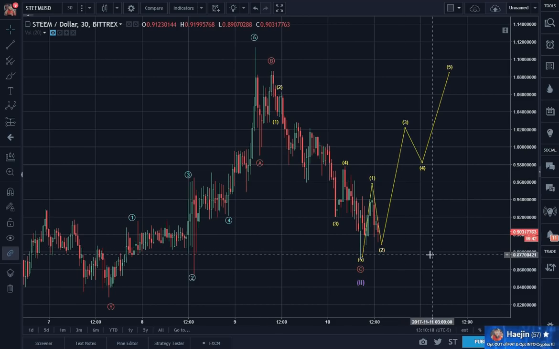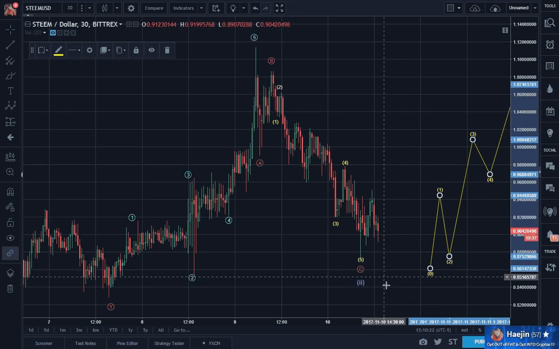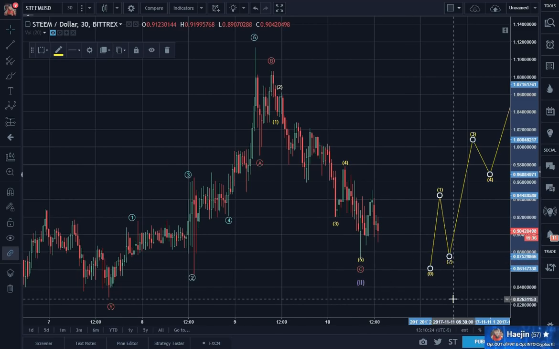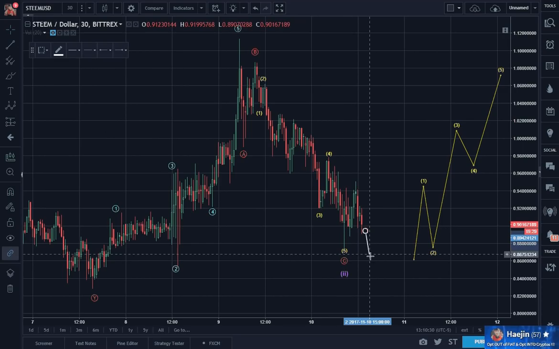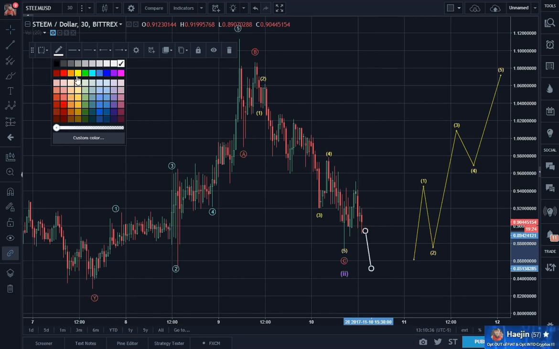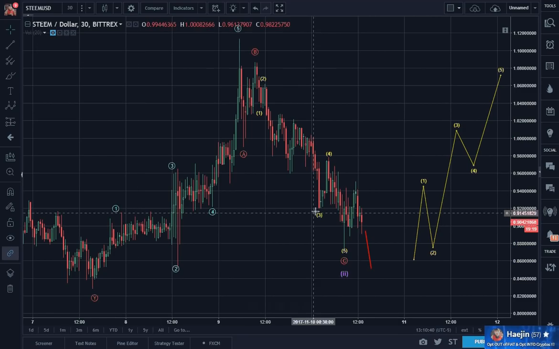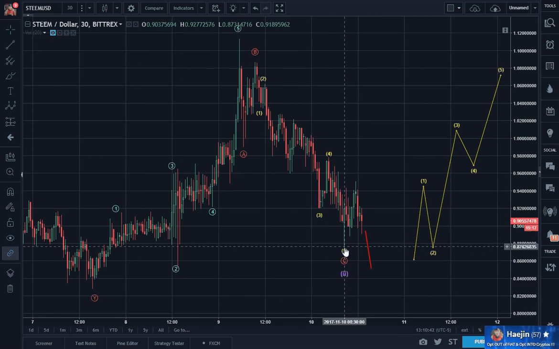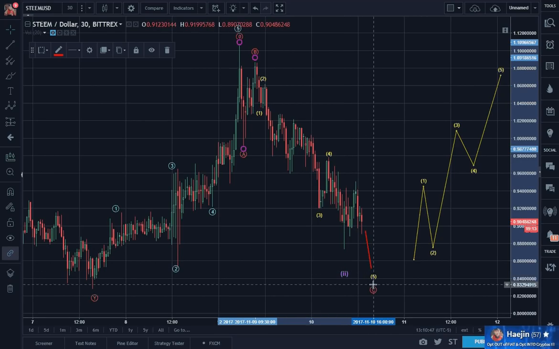Now, if we get a lower low, one more lower low, it needs to be just simply recounted. So that it'll be like this.